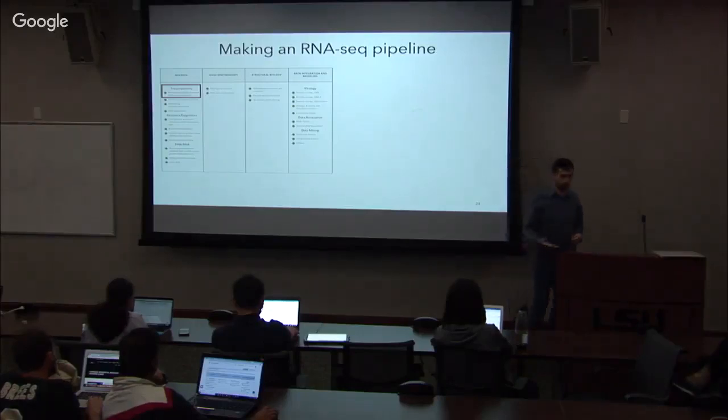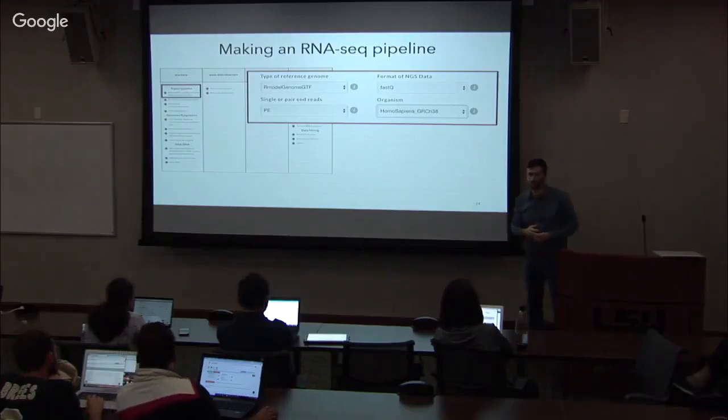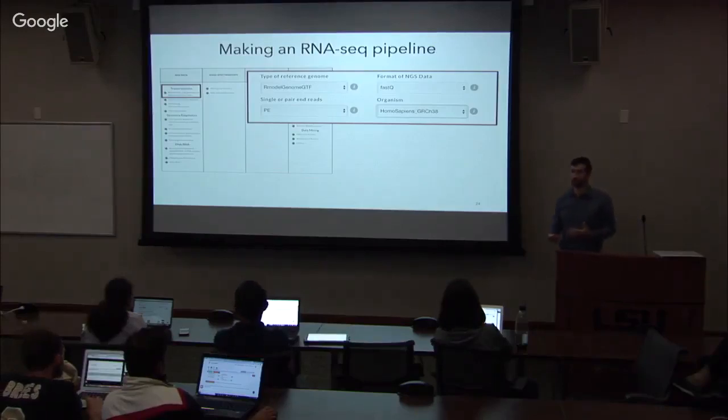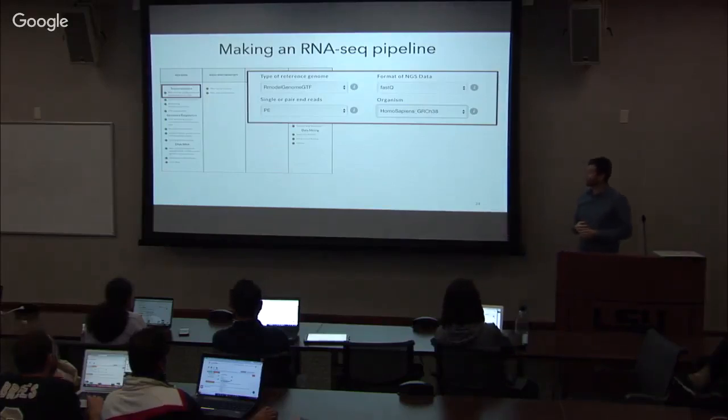Okay, so if you click through, the first part that will come up is this selection on top, and this is the selection that we want to make. First of all, we are using a model reference genome, which is going to be the human genome, the latest assembly, GRCh38.